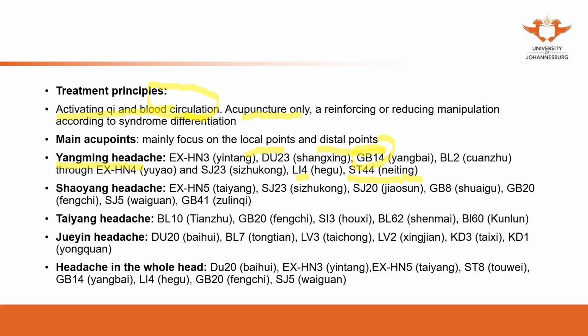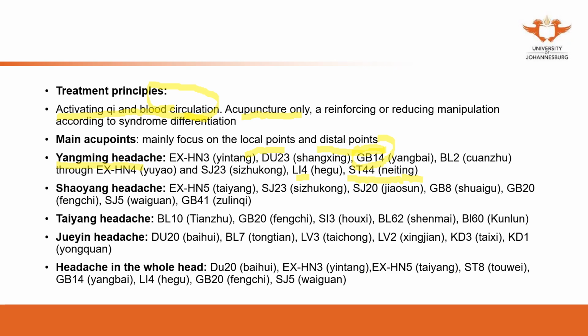Shaoyang headache. The patient presents with Shaoyang headache on the side, such as the migraine. EX-HN5, Sanjiao 23, Sanjiao 20, GB8, GB20, Sanjiao 5, GB41. Most of these are local points. Some of them you can insert obliquely or even horizontally.